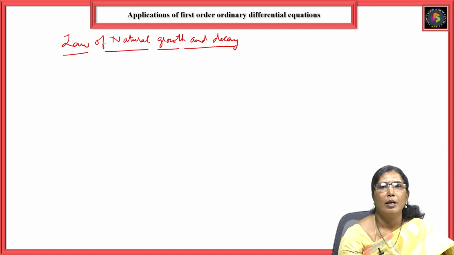The rate of change of amount of substance X at any time t is proportional to the amount of the substance present at that time. Once again I repeat, the rate of change of amount of substance X at any time t is proportional to the amount of the substance X present at that time.